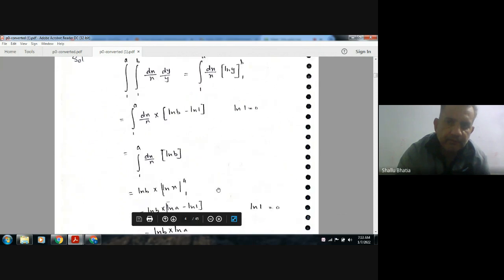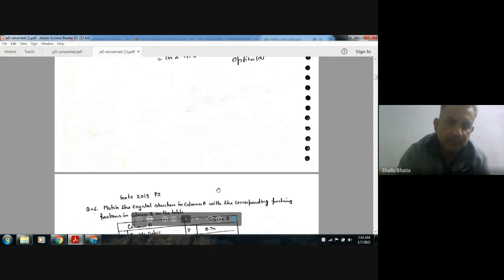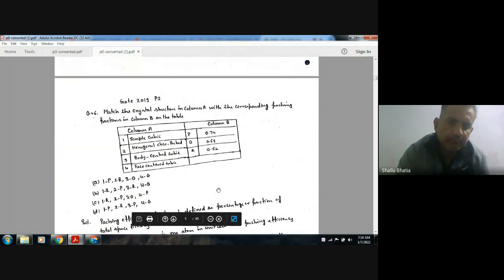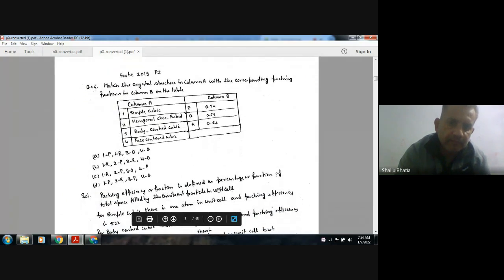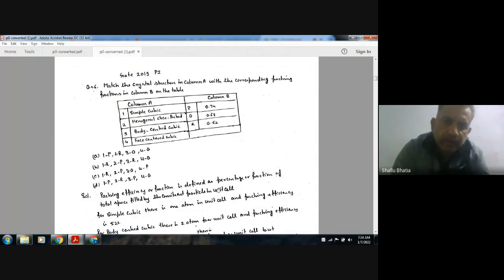Okay, next, match the crystal structure in column A with the corresponding packing fraction in column B of the table. Column A: 1 simple cubic, 2 hexagonal close packed, 3 body centered cubic, 4 face centered cubic.